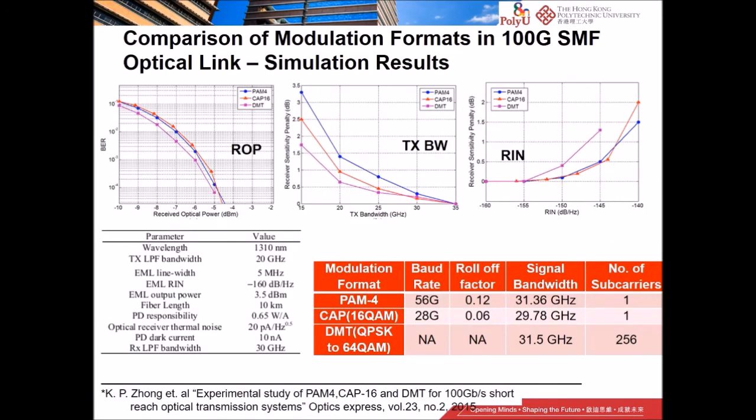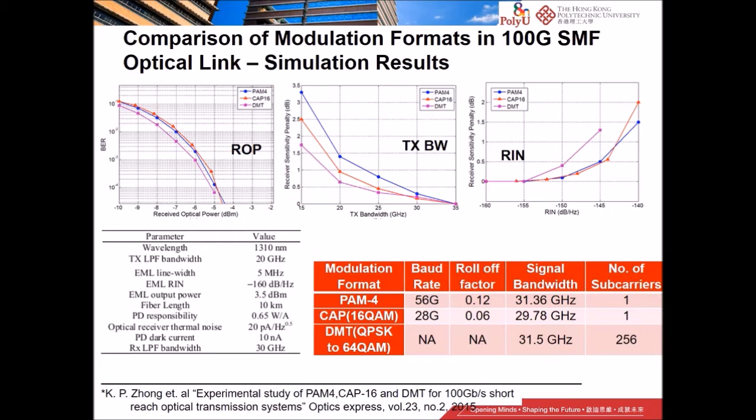Now here are three parameters that we have compared: received optical power, transmitted bandwidth, and ring noise. In terms of received power, all three formats behave similarly. In terms of transmitted bandwidth, DMT actually has the best performance.